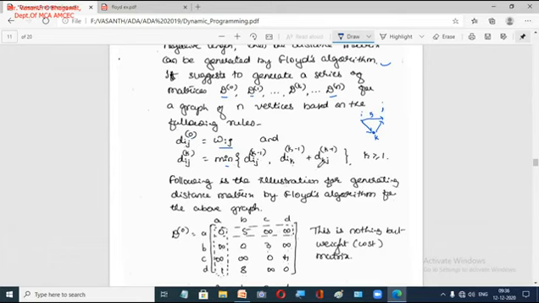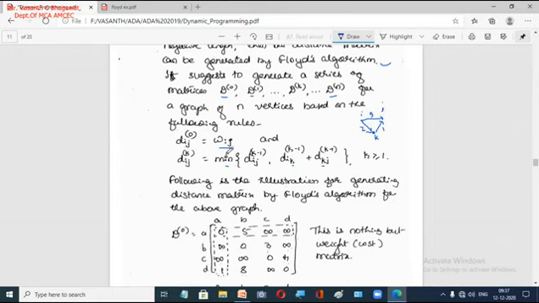If you have a vertex k, you have to find the distance from i to k and from k to j. Suppose the distance from i to k is 2 and from k to j is 1. We add i to k plus k to j: 2 plus 1 is 3, which is less than 5.